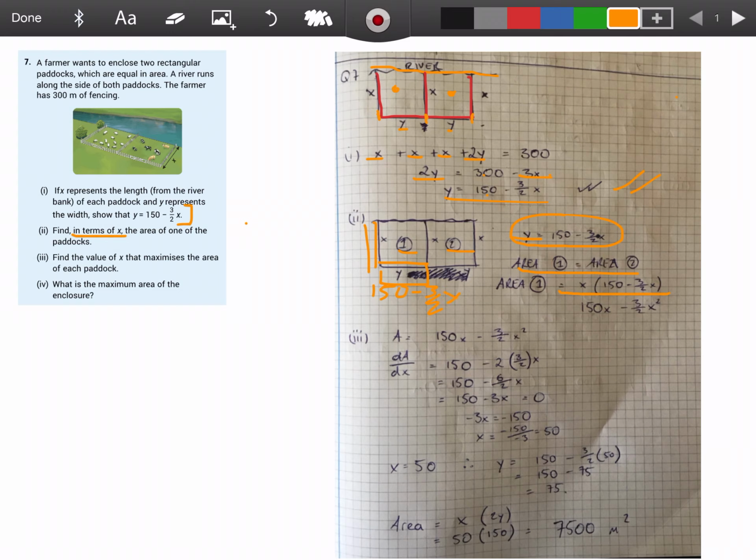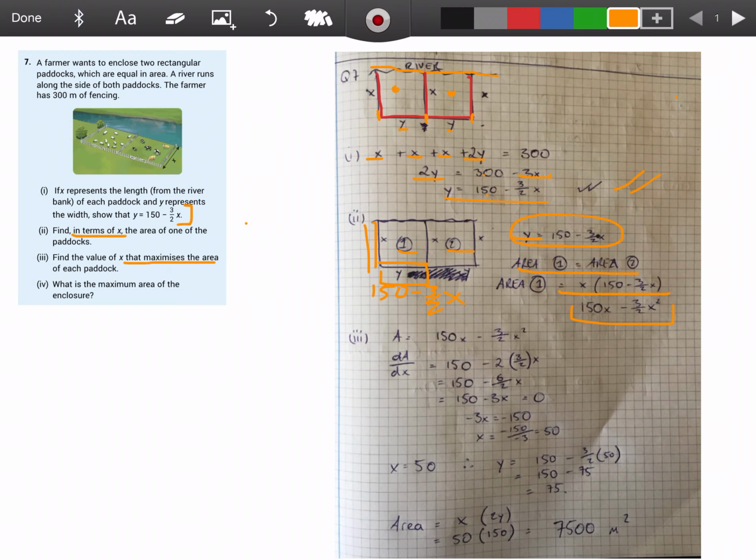So I multiply those out and I end up with that, and that's my area of one of the paddocks, okay? 150x minus 3 over 2 x squared, or 3x squared over 2, whatever way you want to say it, but they're both correct. So then finally, last bits on that, find the value of x that maximizes the area.